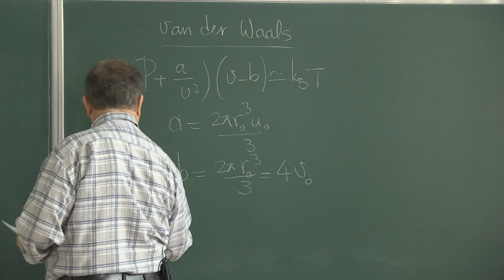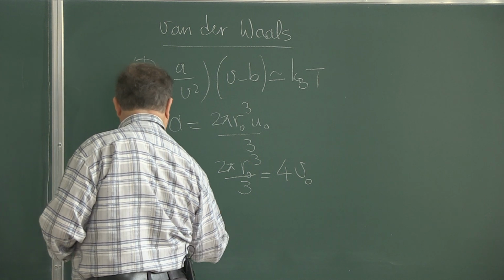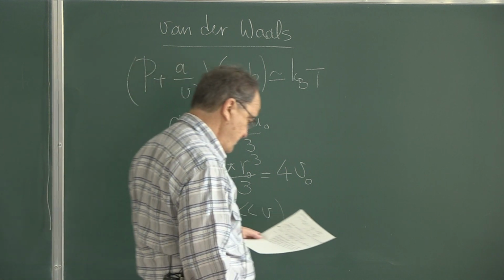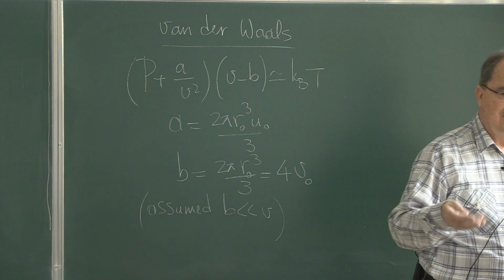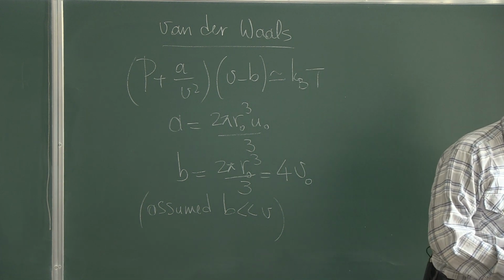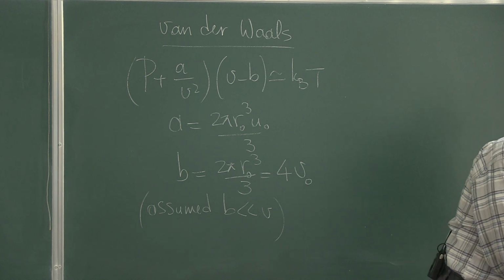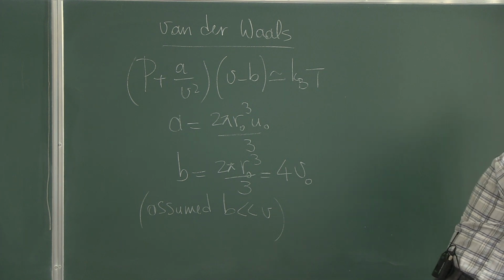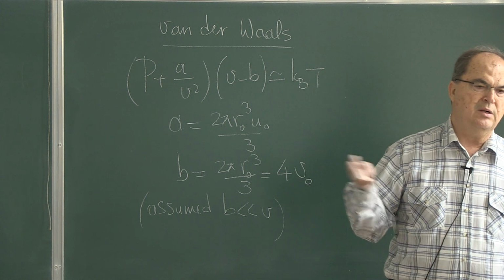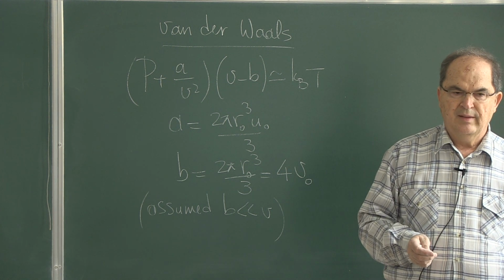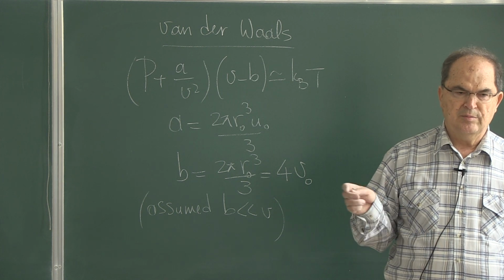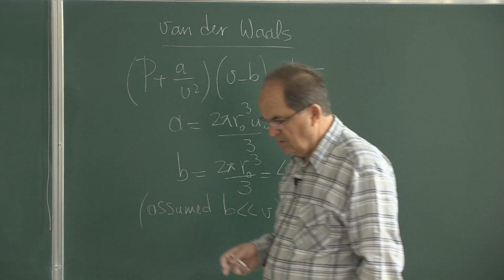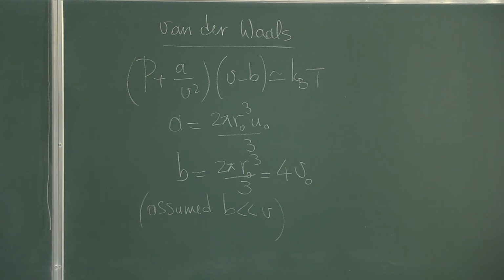Here we have assumed that b is very much smaller than V. Which means that the gas is dilute, this means that the mean interparticle distance is much larger than the range of the interparticle interaction, where the interaction is the most effective.